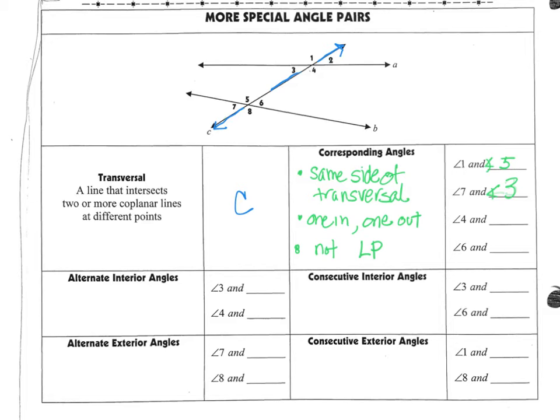If we keep going, angle 4 and angle 8 would be corresponding angles. And angle 6 and angle 2 would be corresponding angles.